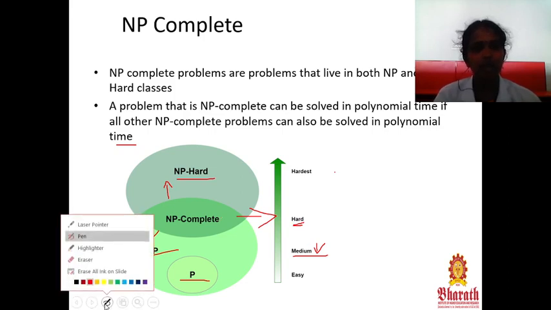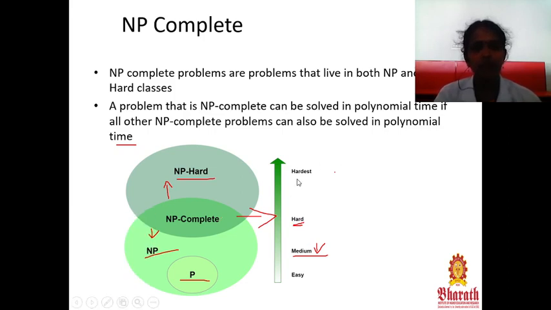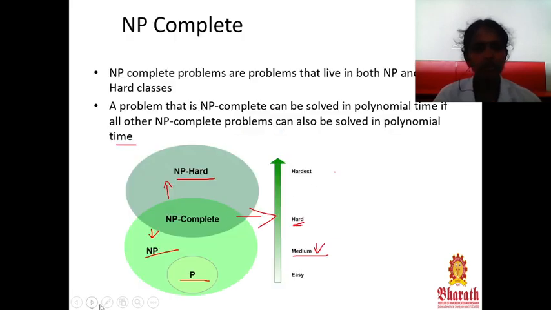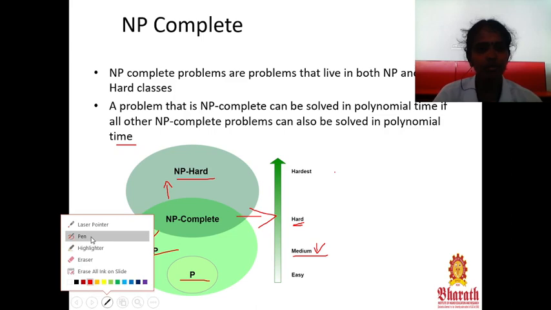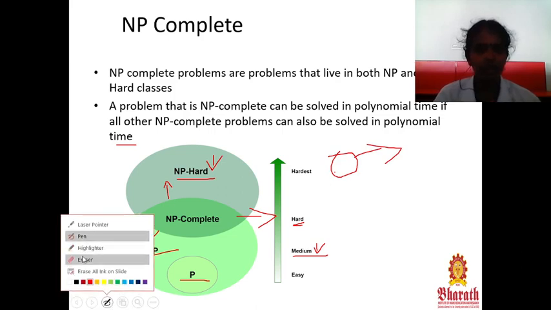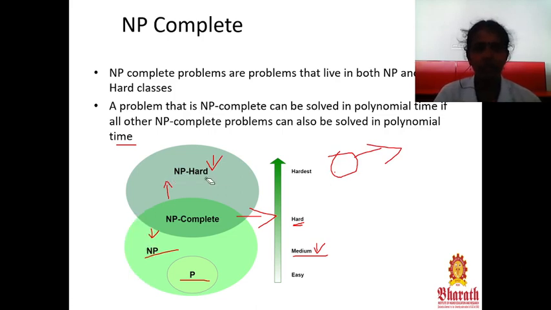NP hard is the hardest part of the problem. I cannot solve this problem without applying the reduction. The entire problem cannot be solved without applying the reduction. After applying the reduction, that is polynomial reduction, I can solve this problem. So that's all about the computability classes.